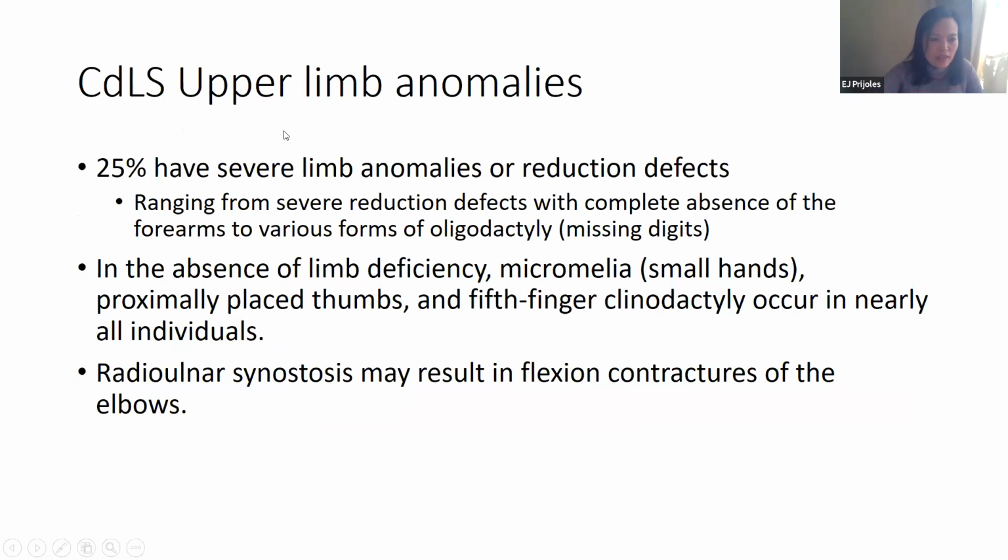Just to comment on the limb abnormalities, about 25% of individuals with Cornelia de Lange have severe reduction defects, including the upper limbs. Those that don't have severe limb deficiency may just have small hands or proximally placed thumbs with fifth finger clinodactyly, or may have radioulnar synostosis that may present with flexion contractures at the elbows.